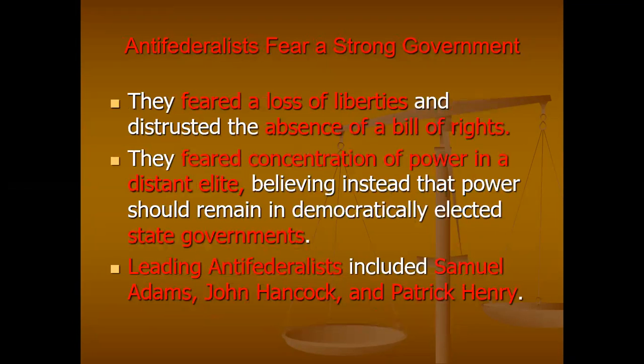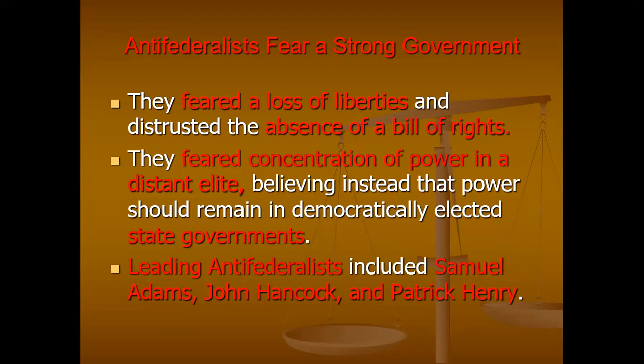Now, the anti-Federalists are going to do their own forms of essays speaking against the Constitution: it's actually a bad idea, and here's why. They are going to be promoting the idea that we could lose our liberties, and they also don't like it because there's no Bill of Rights. There's nothing ensuring the rights of the citizens outright.